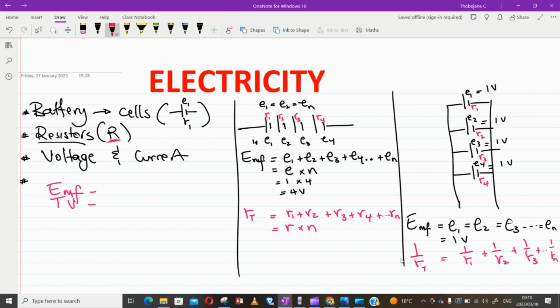Why? Because the moment you connect your power source to the load, those cells inside are going to have a share of their voltage, which means that we're going to have an internal volt drop. And that internal volt drop is called the potential difference, PD.